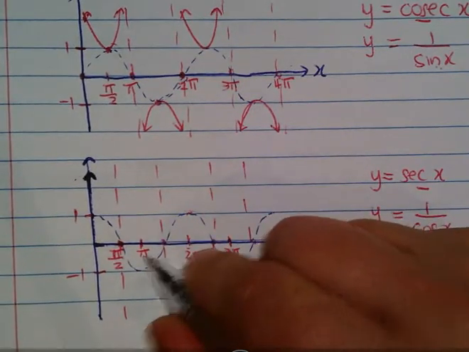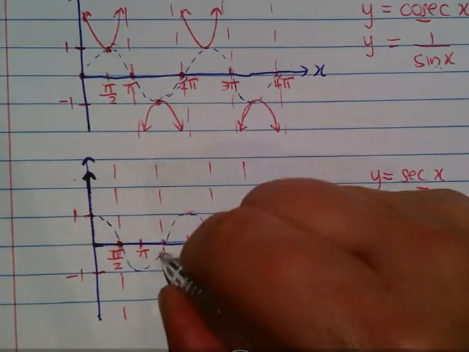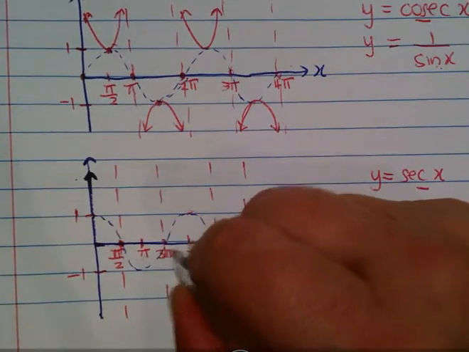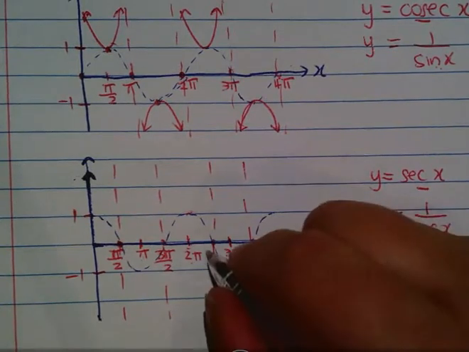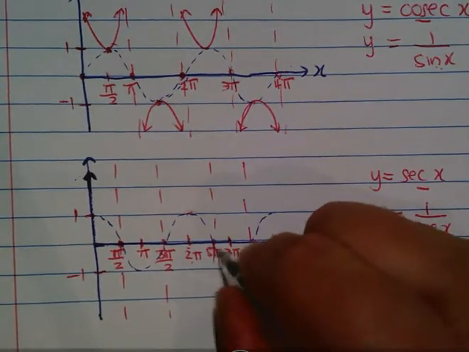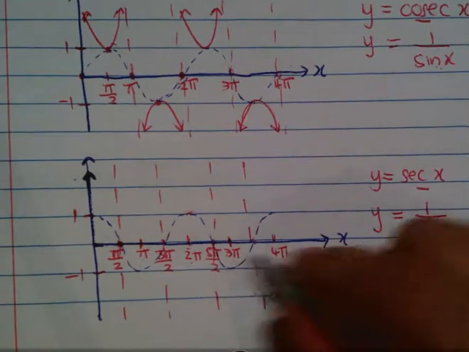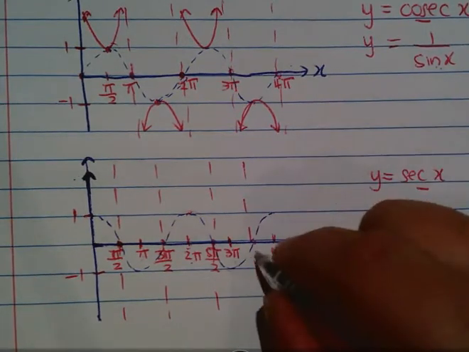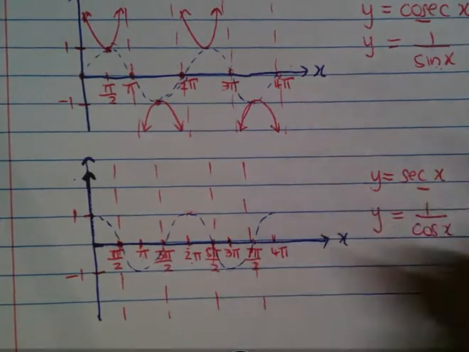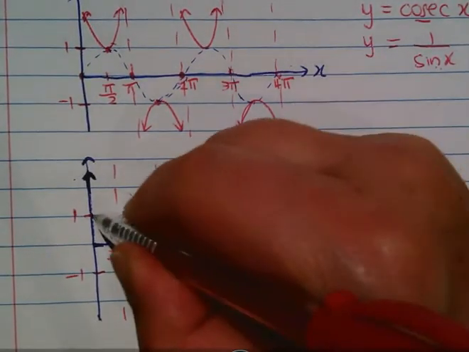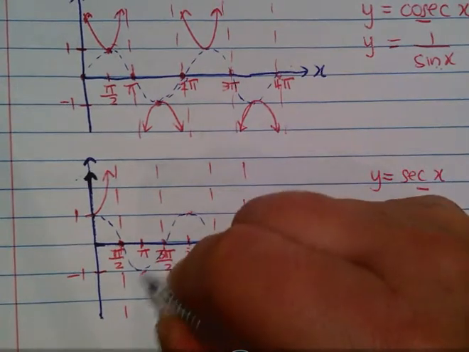Then I've got pi, and halfway between pi and 2 pi is 1.5 pi or 3 pi on 2, etc. Okay, halfway between 2 pi and 3 pi is 2.5 pi or 5 pi on 2. And halfway between 3 pi and 4 pi is 3.5 pi or 7 pi on 2. Now, wherever it was 0, we've now got asymptotes and we're bouncing off the cos curve.